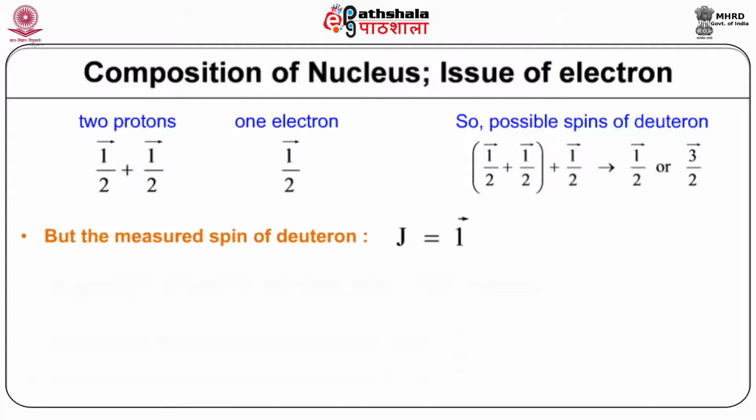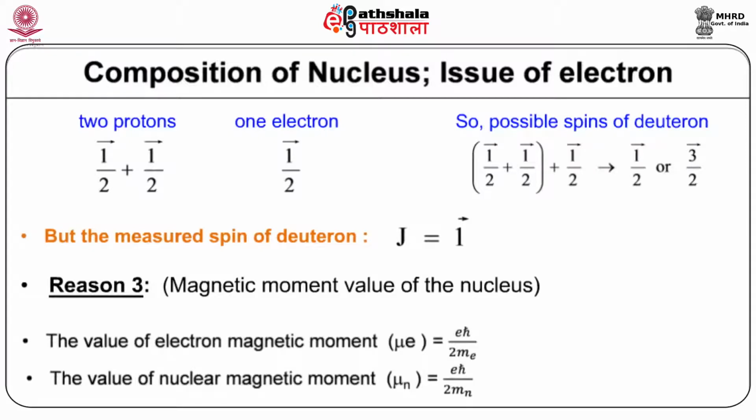So it clearly shows that if we believe that electrons are inside the nucleus, or that the proton-electron theory of the nucleus is correct, then the spin has to be either 1 by 2 or 3 by 2, but experimentally the spin is measured to be 1 h bar, which is an integral spin. So on the basis of this addition of angular momentum also, we can say that the proton-electron theory was not possible.